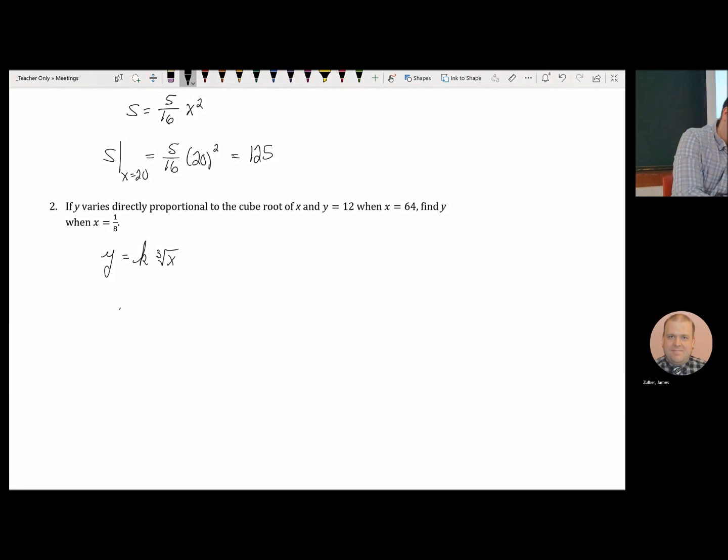So y is k times the cube root of x. To determine k, we know that y is 12 when x is 64. What is the cube root of 64? So k is 3. Y is 3 times the cube root of x.